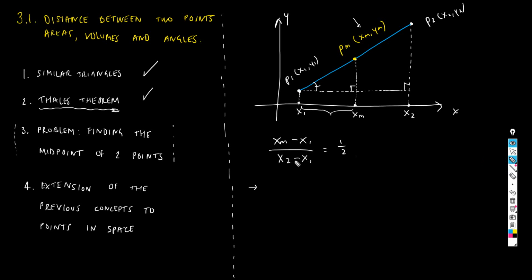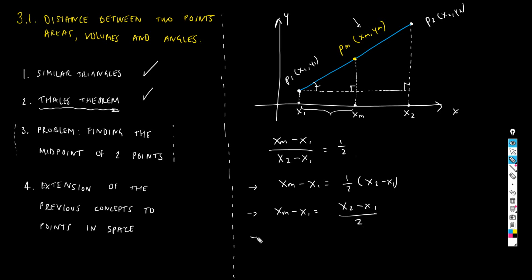We'll multiply both sides by this denominator, and I'm gonna get the following. And then I multiply this fraction times this, and I'm gonna get this.